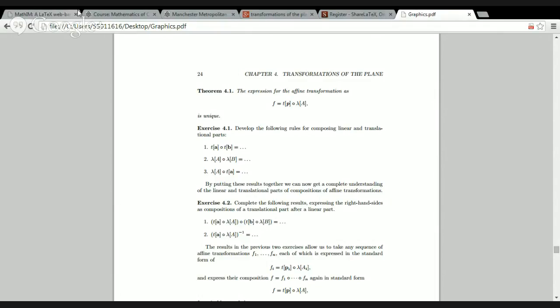Well, that's a question we're going to answer at the end of the chapter. We need some kind of systematic method that will allow us to take transformations represented in standard form like this. So it's some kind of rotation and then a little shift.